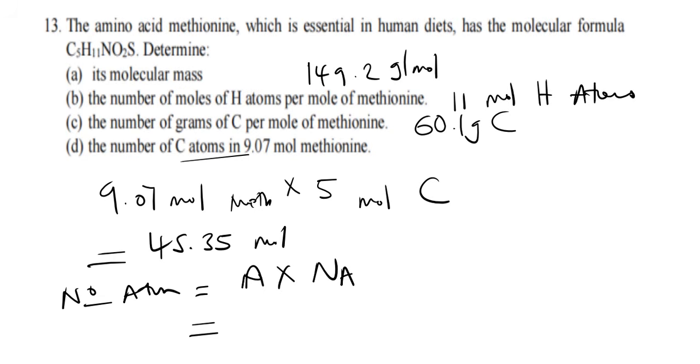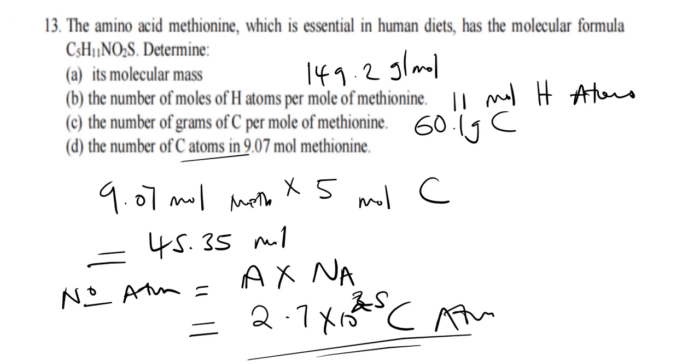Now we are multiplying this by 6.022 times 10 to the power 23. So we're going to get 2.7 times 10 to the power 25 carbon atoms. So basically this is how we solve these questions in this tutorial sheet.